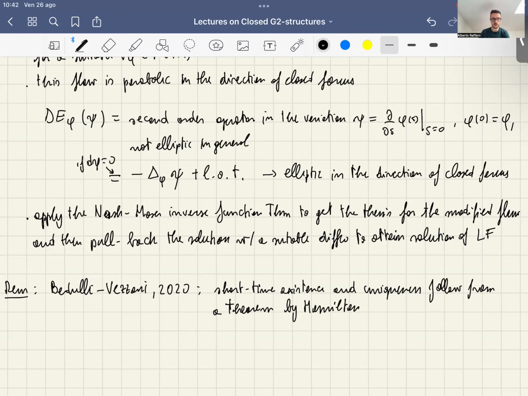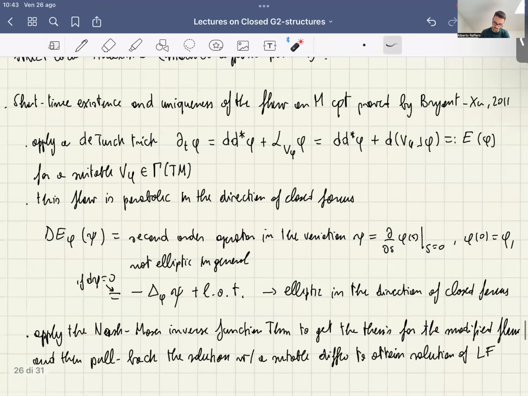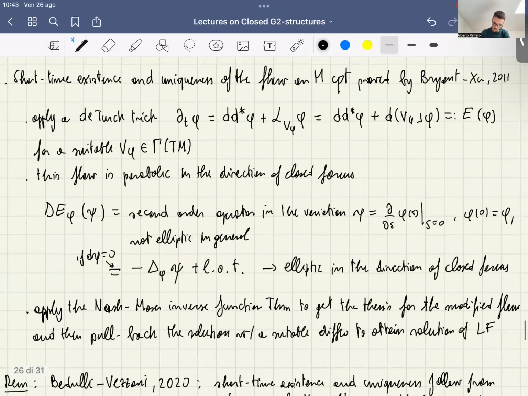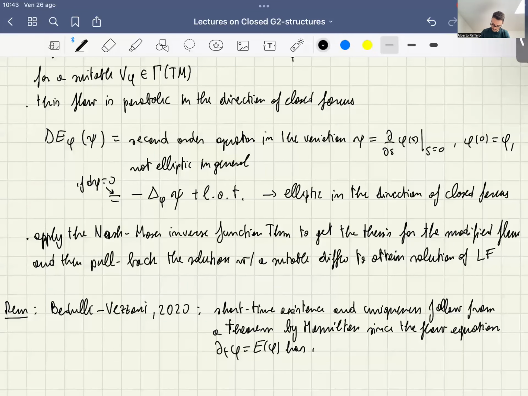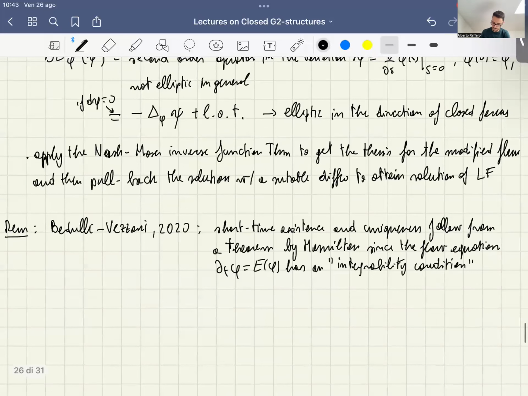And this is because the flow equation that we wrote as dt of phi equal E applied to phi, so the modified flow equation we have here, has a so-called integrability condition, which is given by the differential from 3 forms to 4 forms.